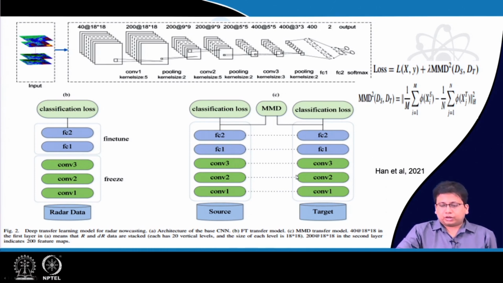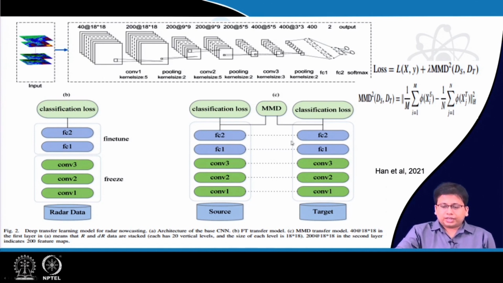Now the same network is going to be deployed in the target domain also. For deployment in the target region, most things will remain, and the weights will be shared. It is not going to be a retraining.